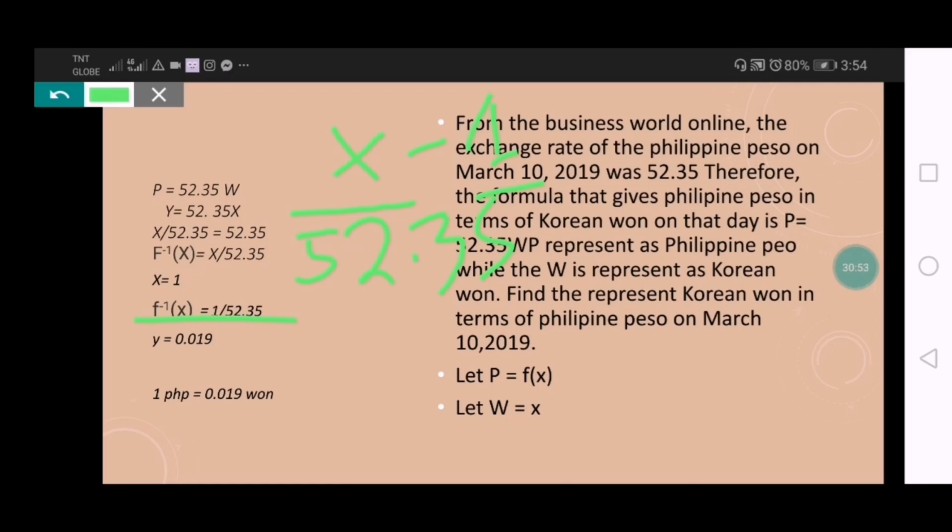Now, if we divide 1 by 52.35, the answer is 0.0991. So this will be our answer.